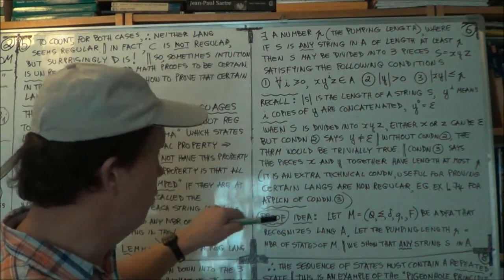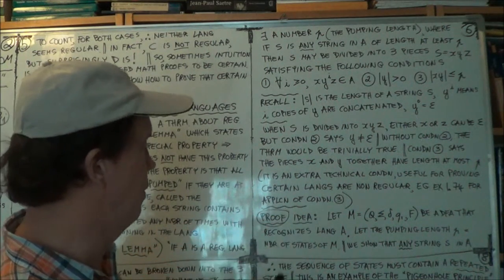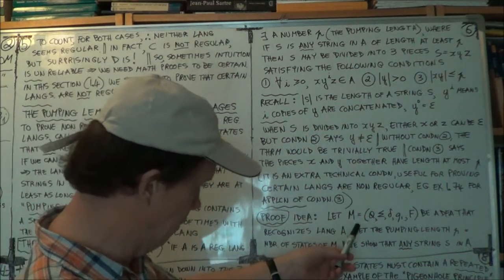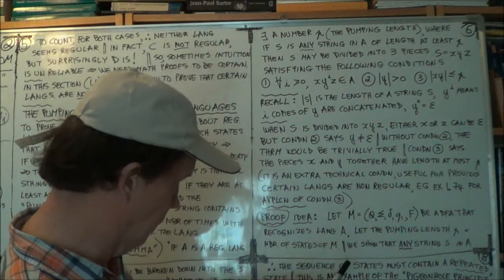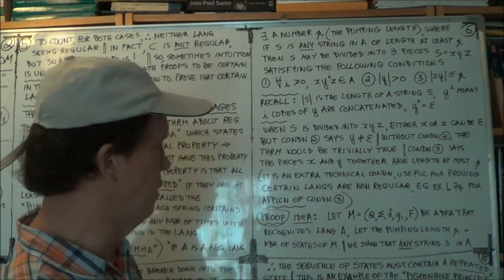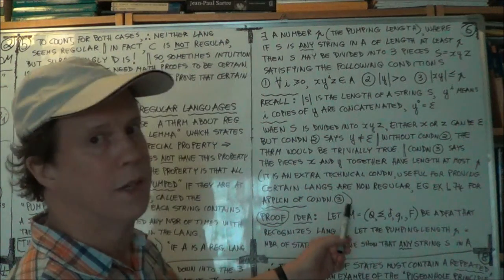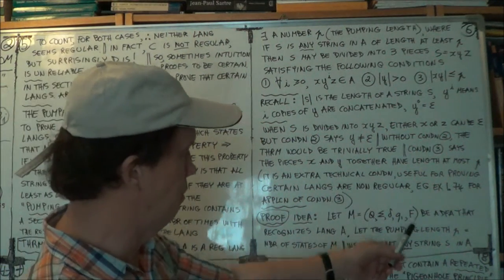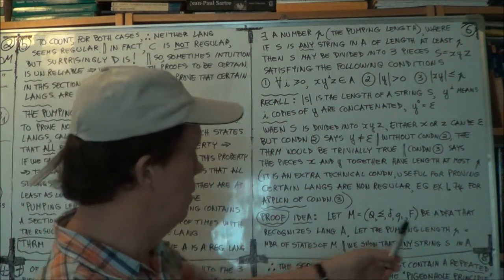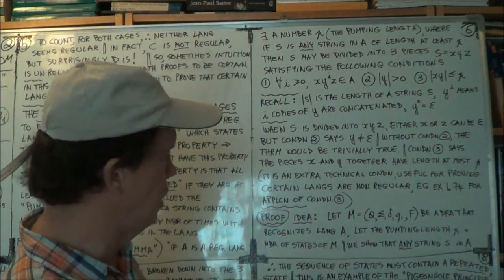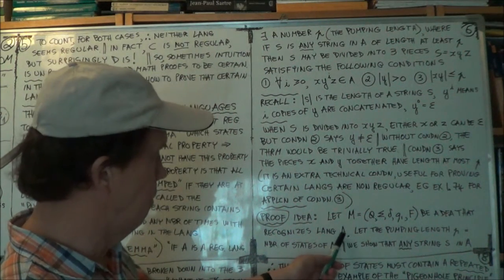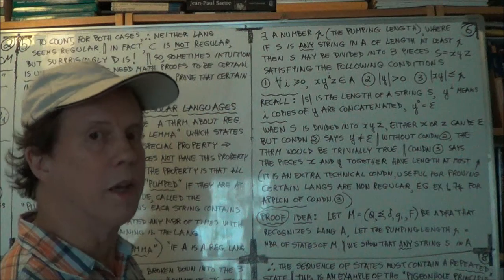So the overview of the proof. You have some machine, and let it be a DFA, a deterministic finite automaton. Here's its formal description. We've done that many times. Okay, and let's assume that this DFA recognizes the language A. So that immediately you know that language A is regular.